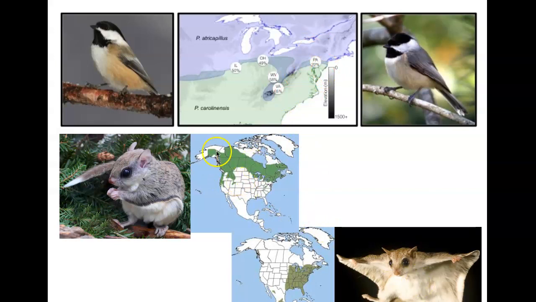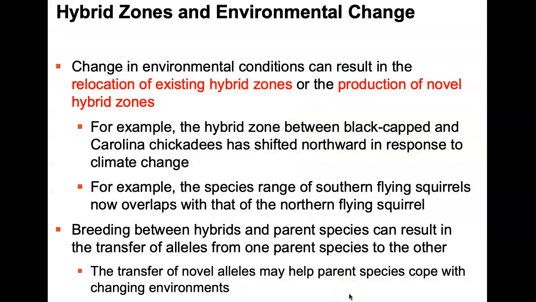Another example is these little flying squirrels. They have this hybrid zone, and we have an overlap. Actually, in the past, there was no hybrid zone between these two types of flying squirrels, but now there is.